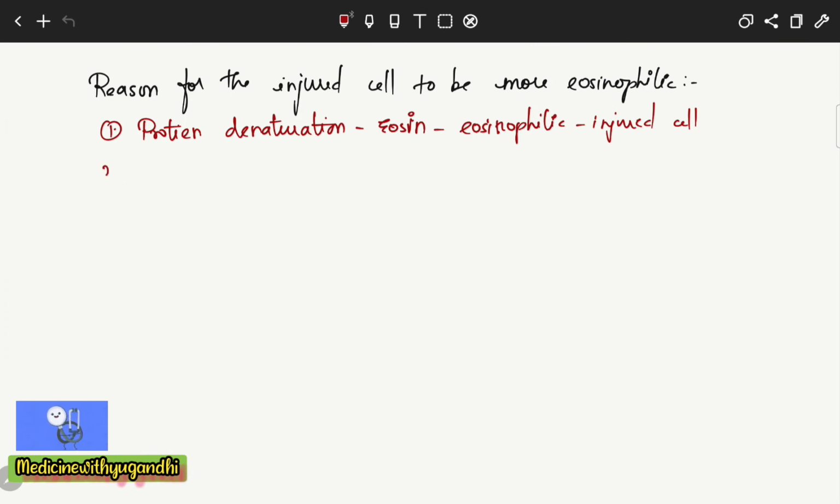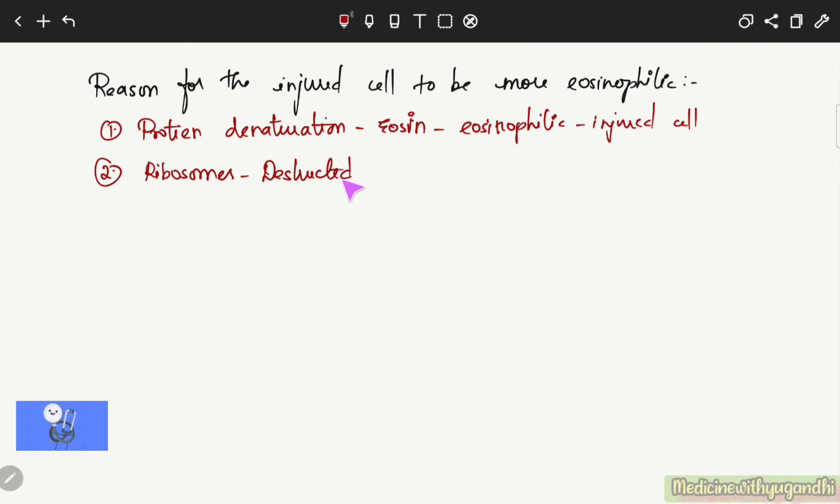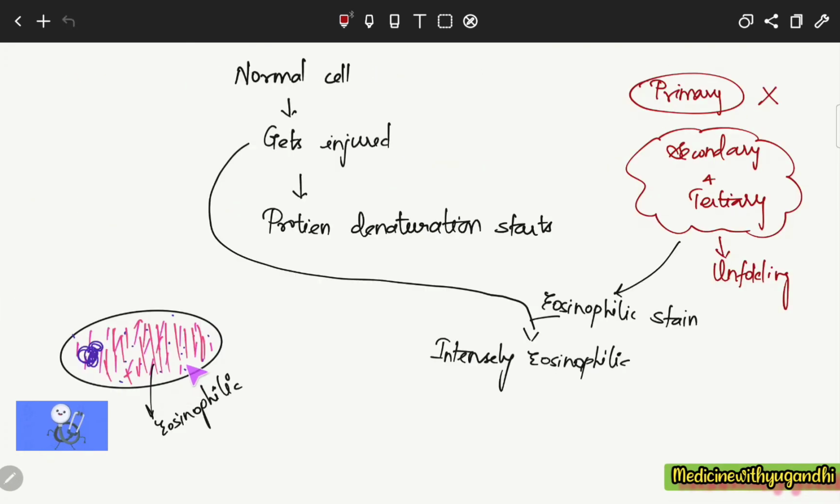So the second reason is ribosomes. A normal cell contains a large number of cytoplasmic ribosomes. See here, this is the cytoplasmic ribosome. Whenever a cell gets injured, the cytoplasmic ribosomes all get destroyed.